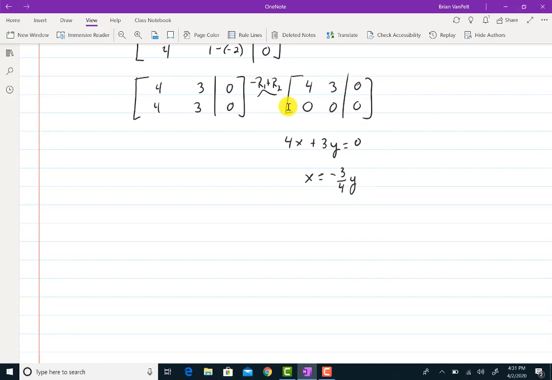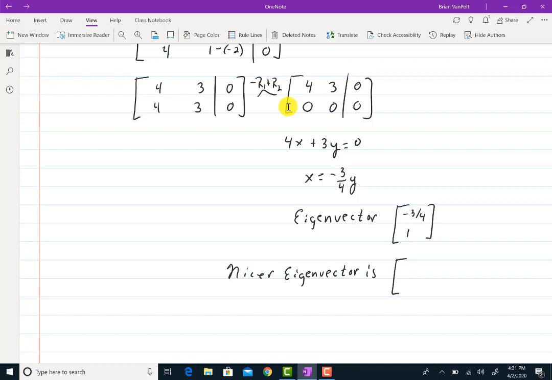And typically, one eigenvector you could get is if you let y equal 1, then x will equal -3/4. But you can actually come up with a nicer eigenvector, like the following. Instead, I can let y be whatever I want. Remember, this is spanned by the various y values because y is considered a free variable here.